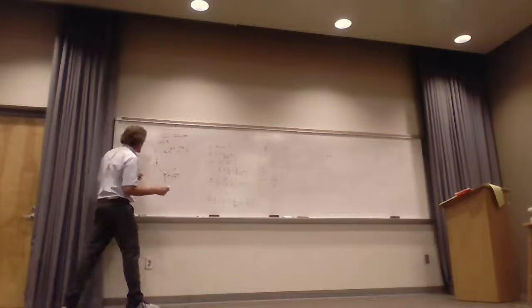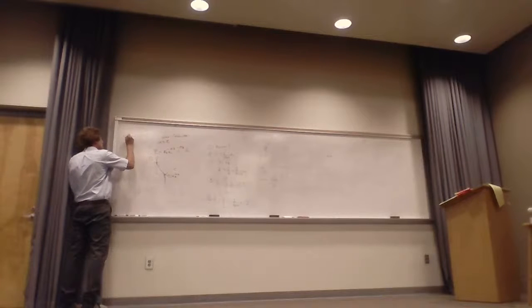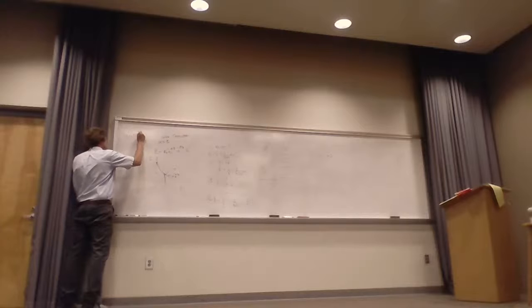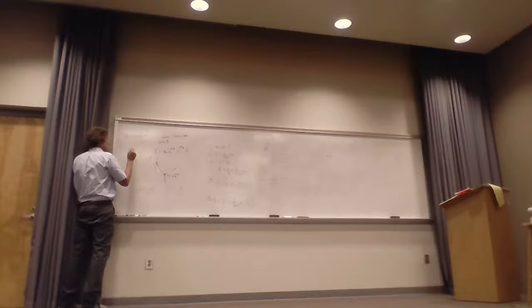In other words, let me try to be a little more clear. If I take a look at just the magnitude of the E field versus Z, it's equal to some scalar value times e to the minus alpha z.